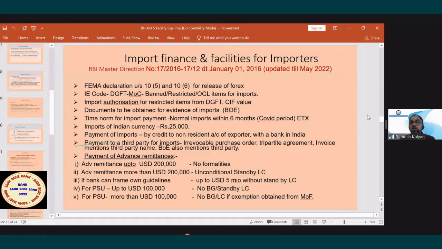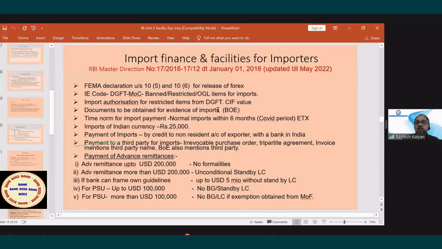As a banker, you are interested in the safety, it should reach safely. That is why we account for both freight, for sea shipment or air shipment, and also insurance. That is why we are accounting in CIF value, because already we have paid advance for it.